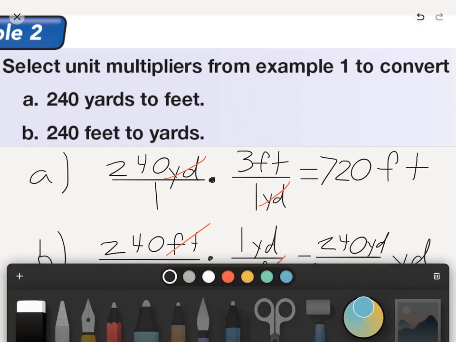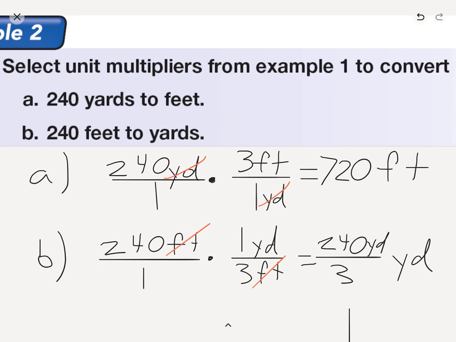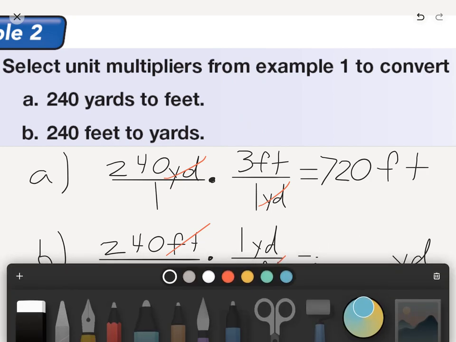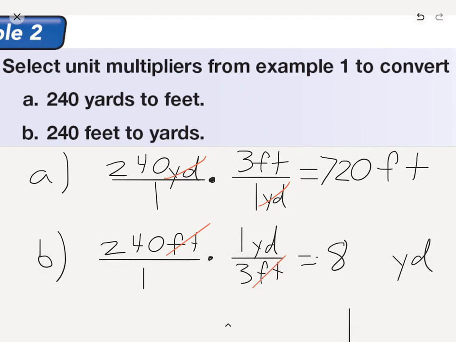So what could I convert this? What's 240 divided by 3? 80. Okay, fine. I was just trying to scaffold my way to that. So I can just turn this into 80 yards.